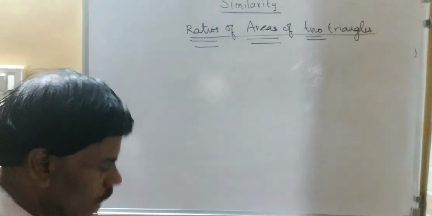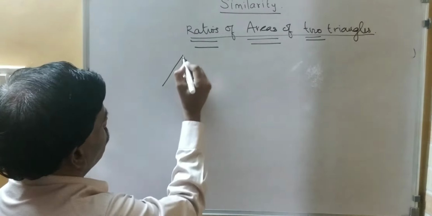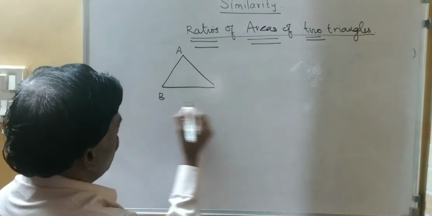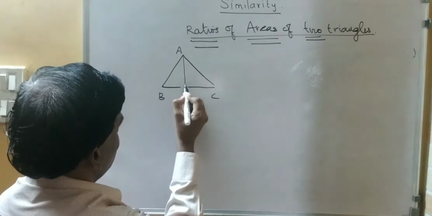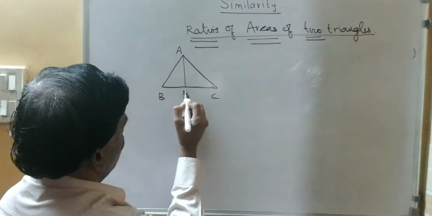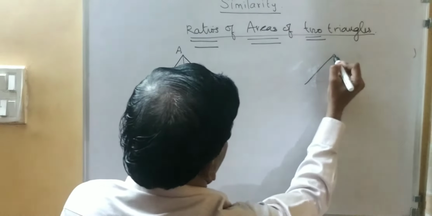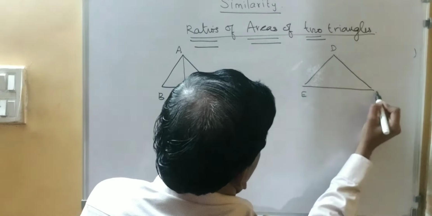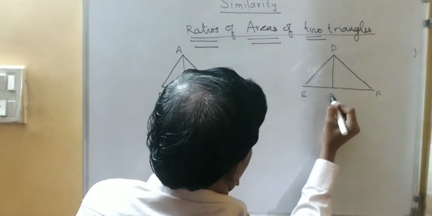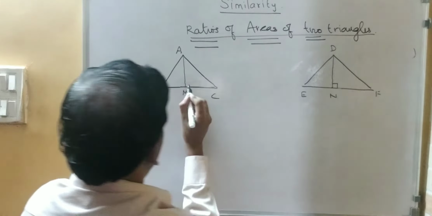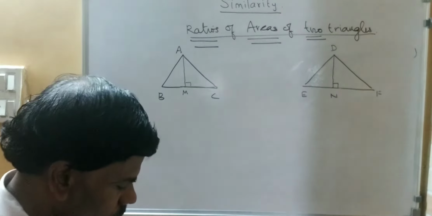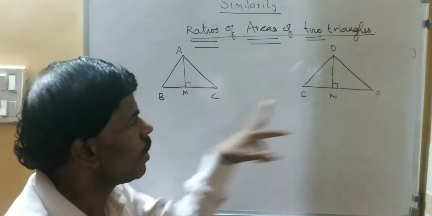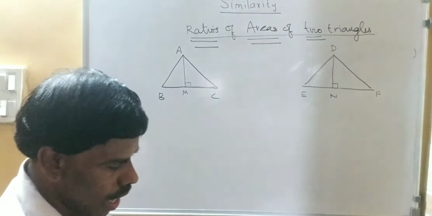Now for example, I tell you, triangles ABC with M, and DEF with N. Here this is base, this is height, this is base, this is height.